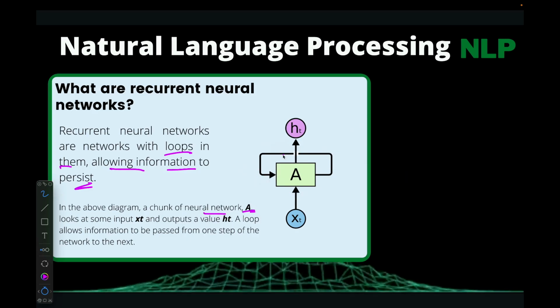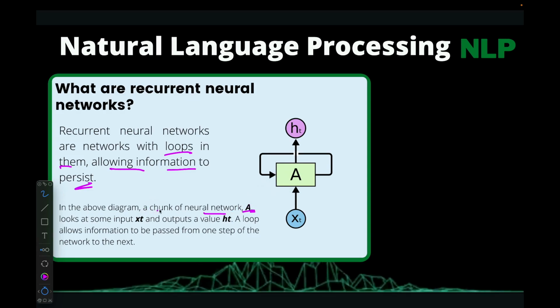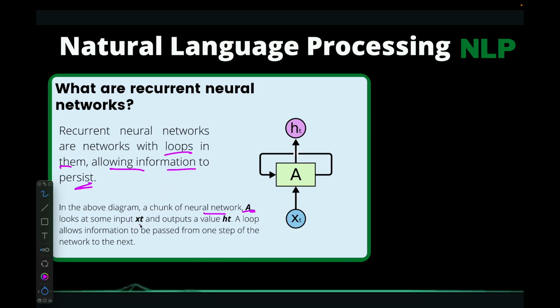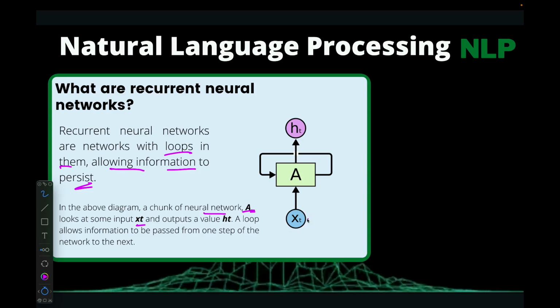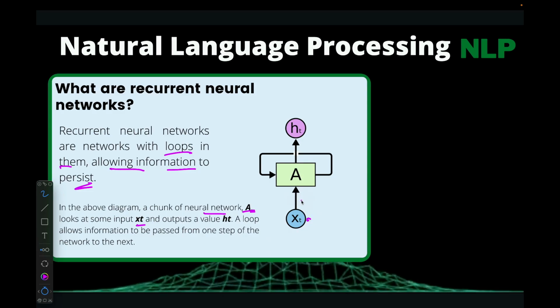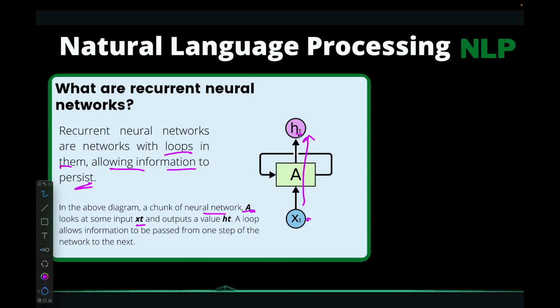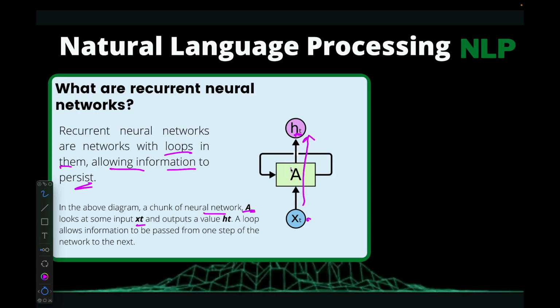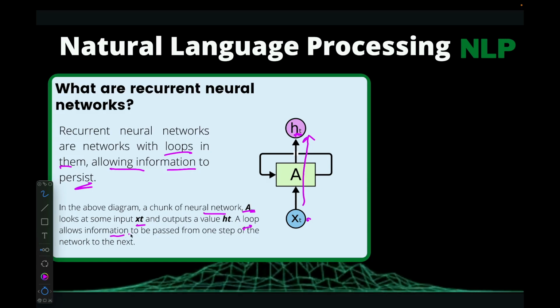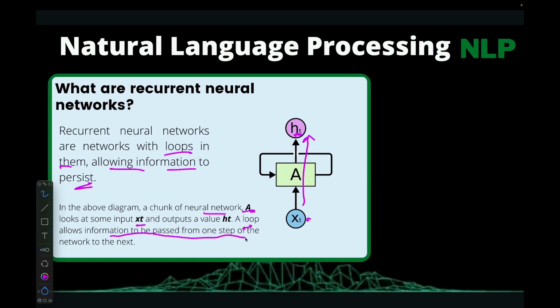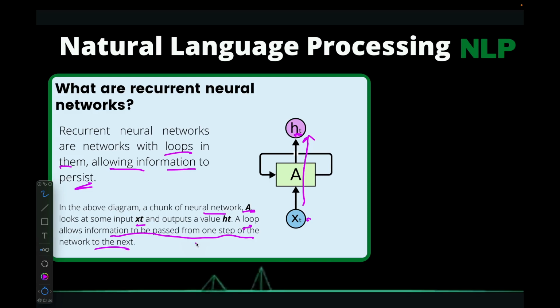Now, this recurrent neural network is looking at a data point ST, and then it's going to output an output here, which we refer to as HT. The loop actually allows information to be passed from one step of the network to the next step.